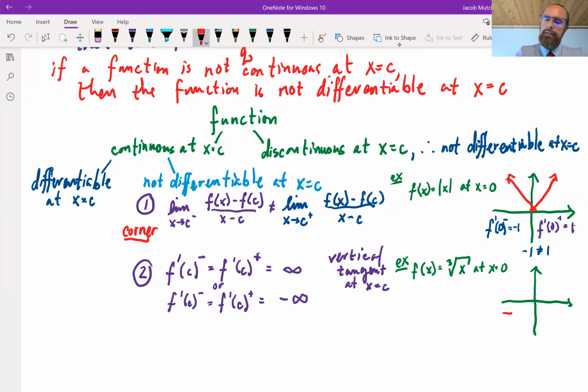That's what's really important. It turns almost perpendicular and then continues into quadrant 1. At x equals 0, we've got tangent lines that have positive slope that at 0 become a vertical tangent line, and the slope of that tangent line is undefined.